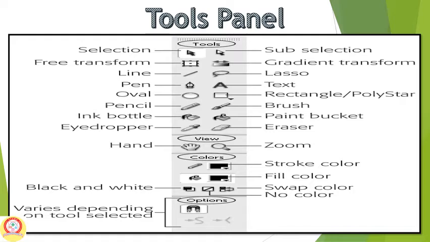The Tools panel is divided into four areas. First, Tools. Tools contain selection, drawing and painting tools. Second, View. View contains zooming tools. Third, Colors. Colors contains tools for changing colors. Fourth, Options. Options contains modifiers for the currently selected tool.